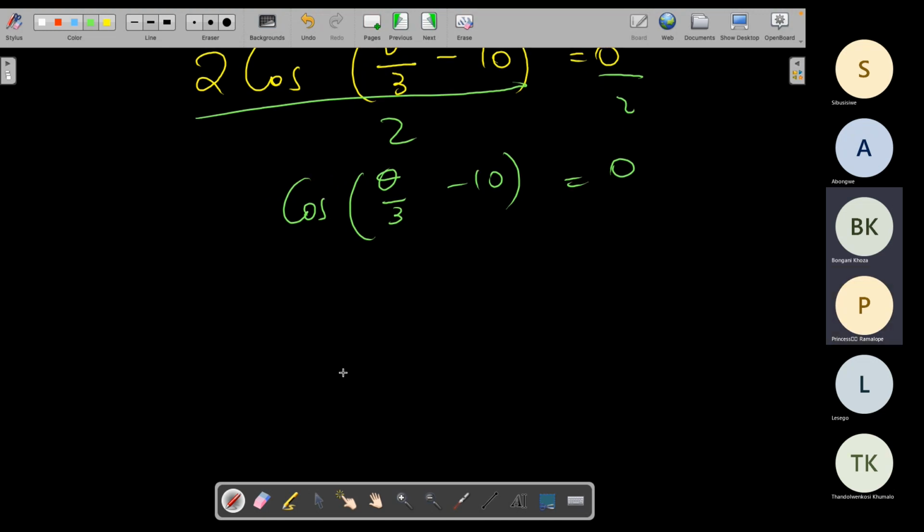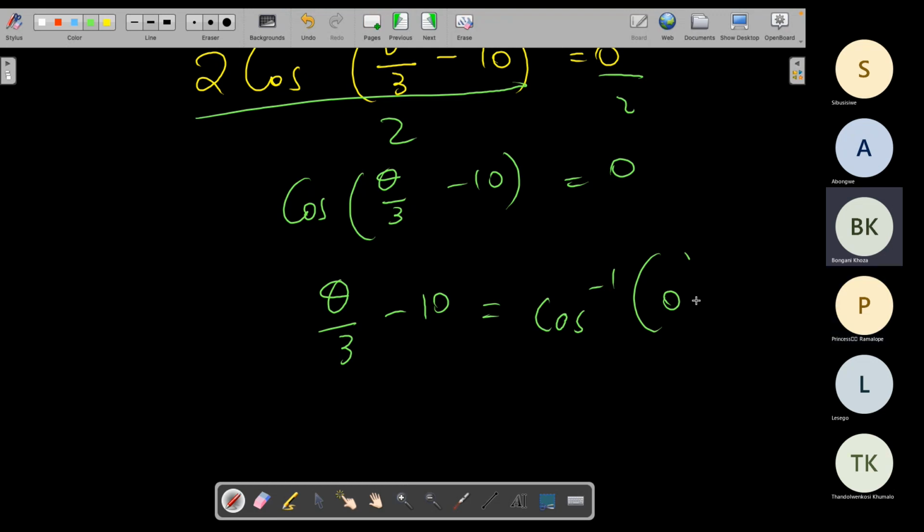And then how do you get rid of cos? Arc cos. So we take arc cos on both sides: theta over 3 minus 10 is equal to arc cos of 0.